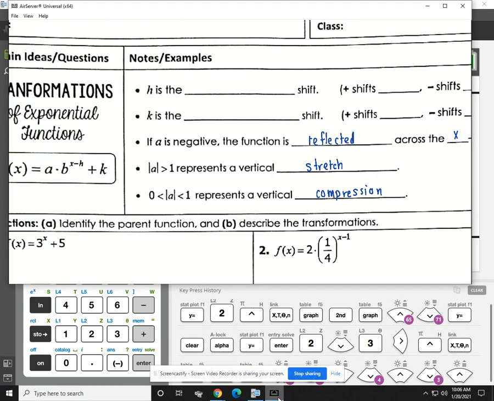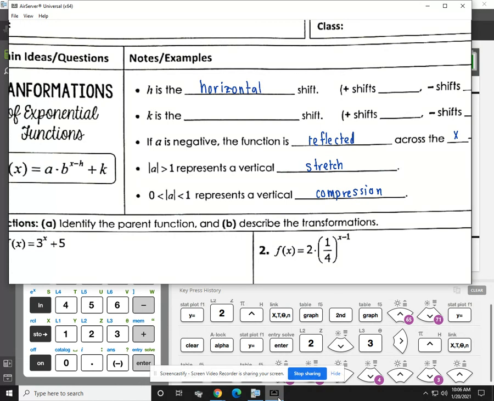Next, what if something is being added or subtracted inside? But inside in exponential functions means in your exponent spot. If something's being added or subtracted in your exponent spot, that is representing a horizontal shift, just like it did with radicals. Okay? It's just about location.